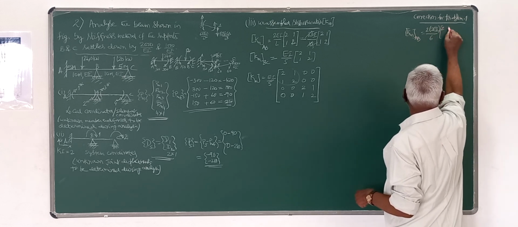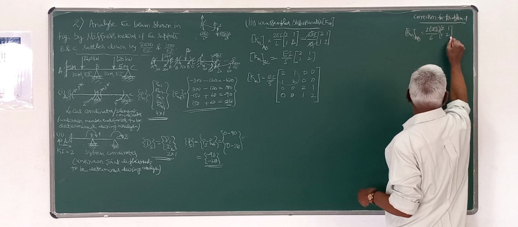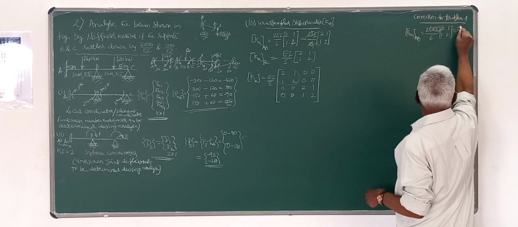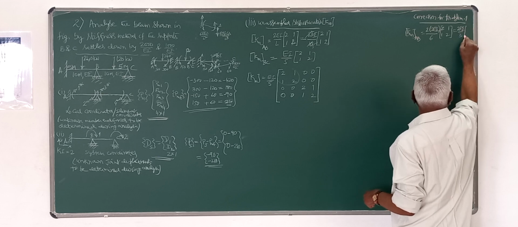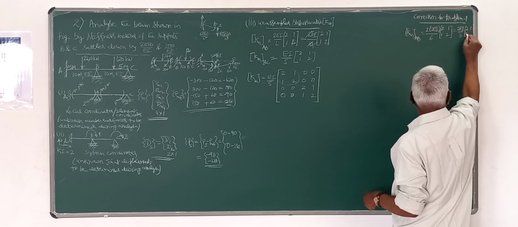With 2, 1, 1, 2, that is 2EI by 3, 2, 1, 1, 2.